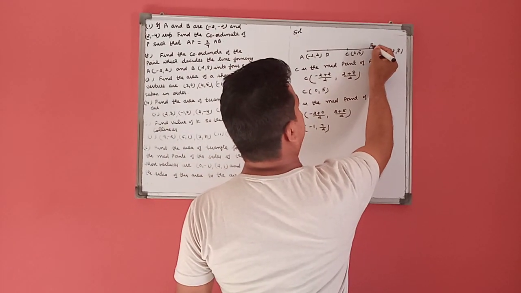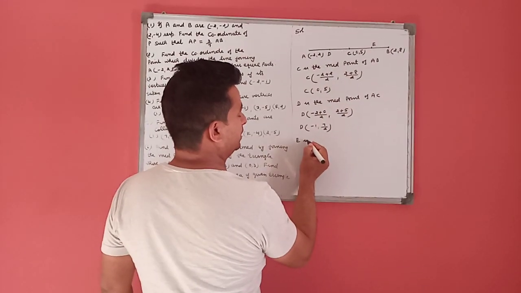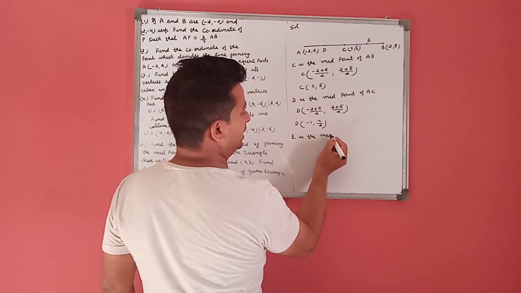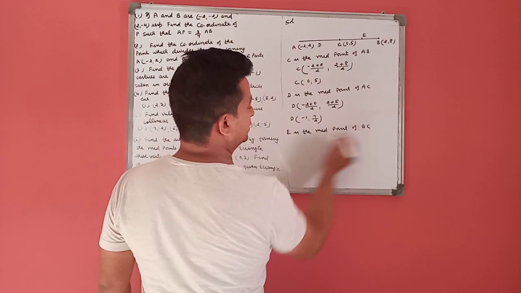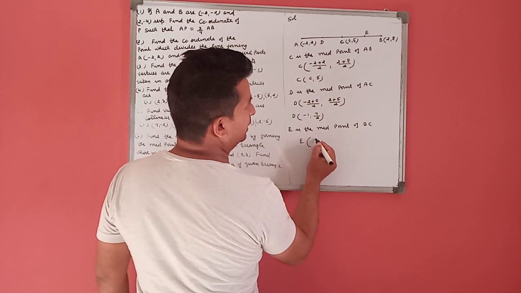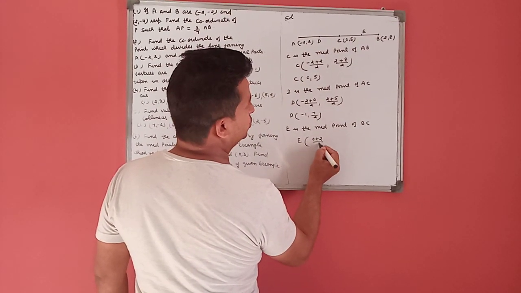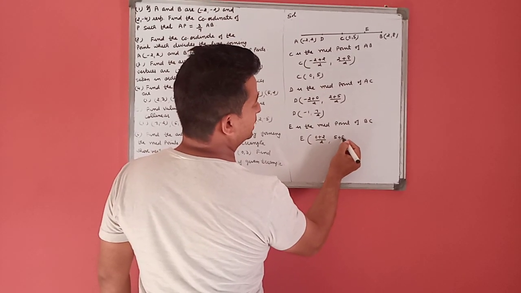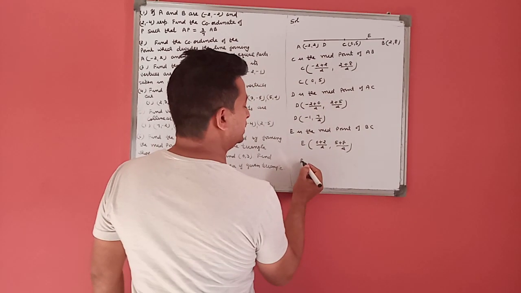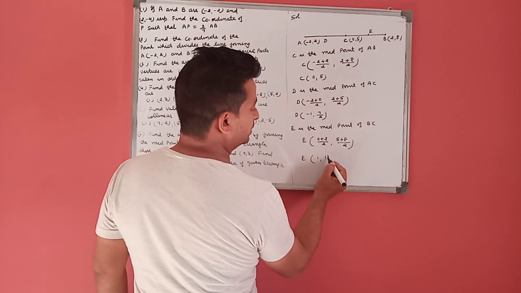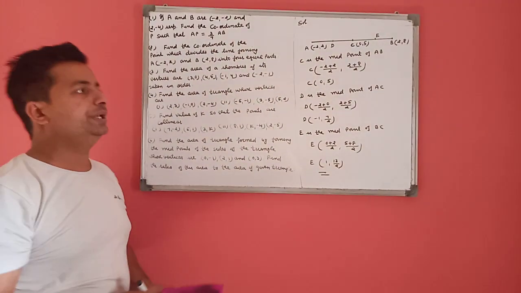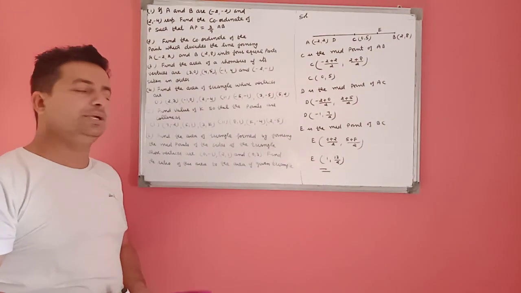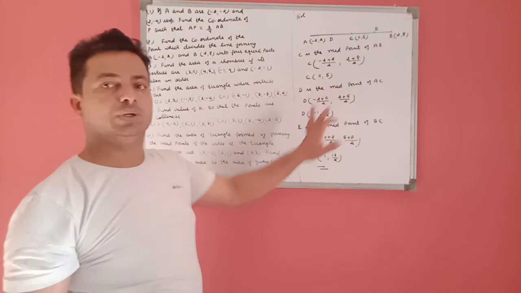Same, E is the midpoint of BC. So the coordinates of E are (x1 plus x2) by 2, (y1 plus y2) upon 2. This means 1 and 13 upon 2. These are the 3 coordinates, and this line is divided into 4 equal parts.